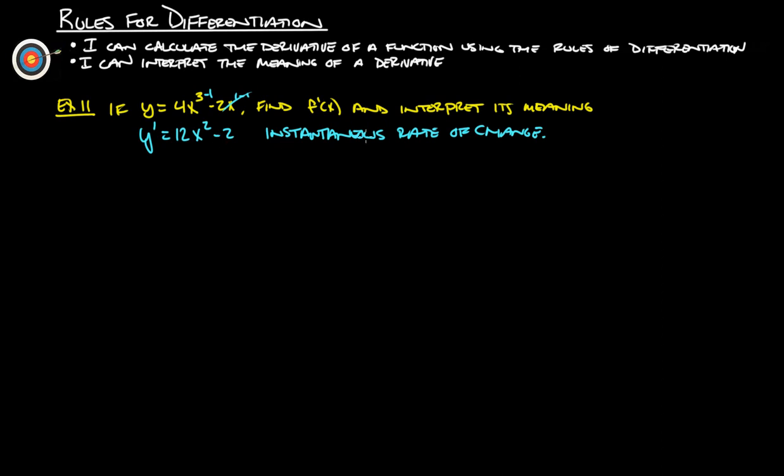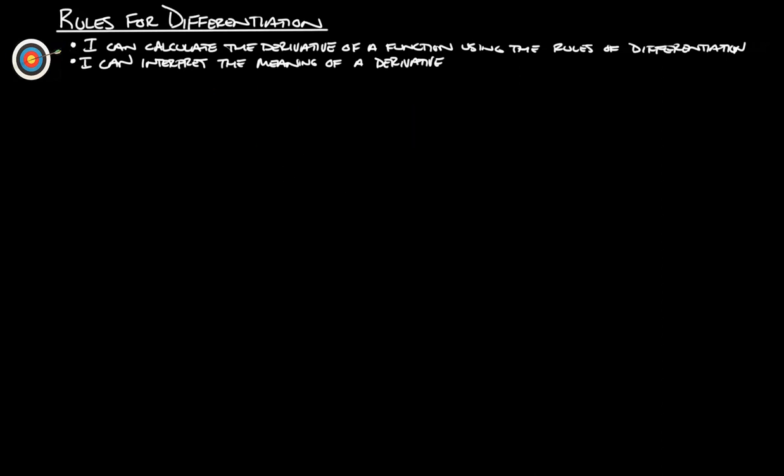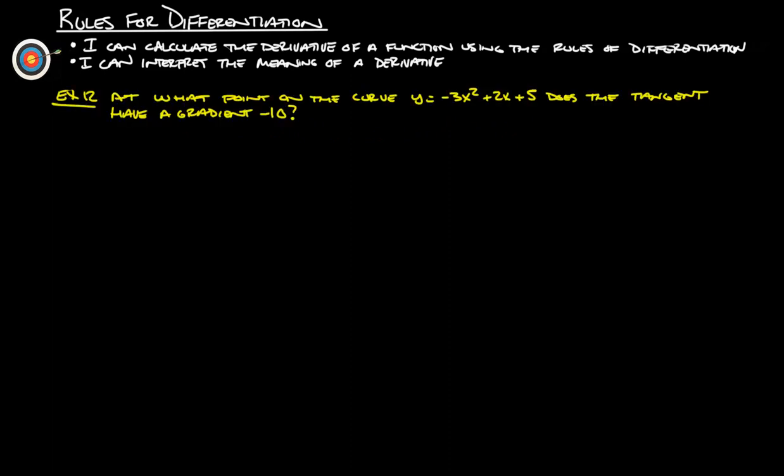We can find the instantaneous rate of change at any point with this function here. So if we plug in 0, the slope of this line would be -2. So that would be the instantaneous rate of change. That's the slope at that one point if you just put the tangent up. Okay? Let's move on here to example 12.